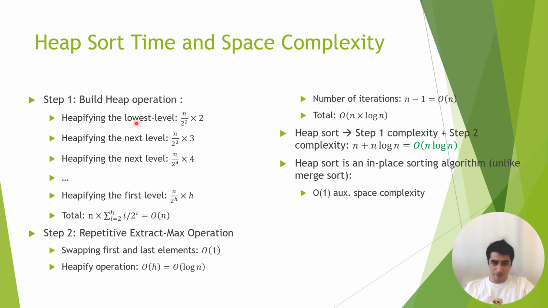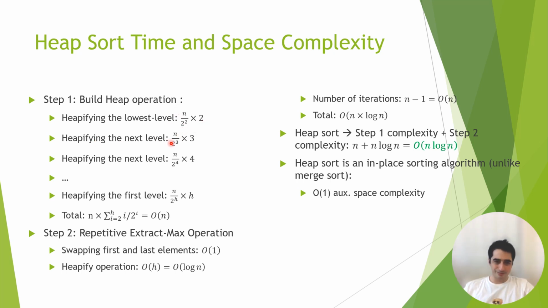First, you need to heapify the lowest level because we had to build the heap from bottom to top. We had n over 2 squared different nodes, which is an approximation for measuring the number of elements in the lowest level. That lowest level max heap operation takes only 2 comparisons, so it's going to be n over 2 squared times 2.